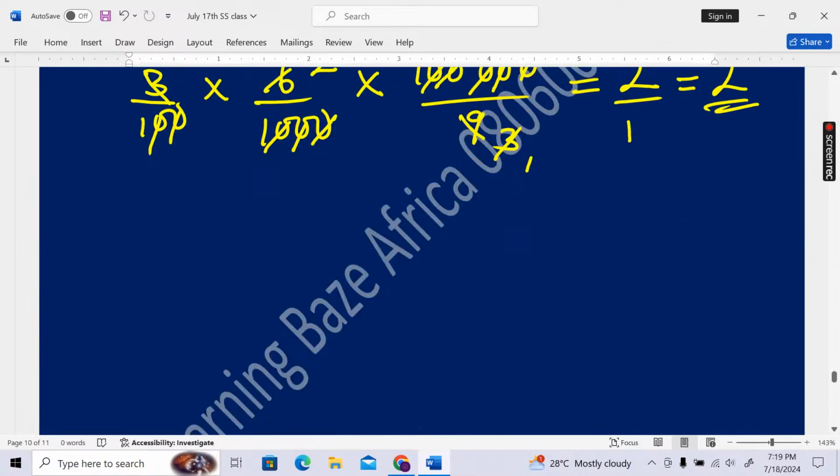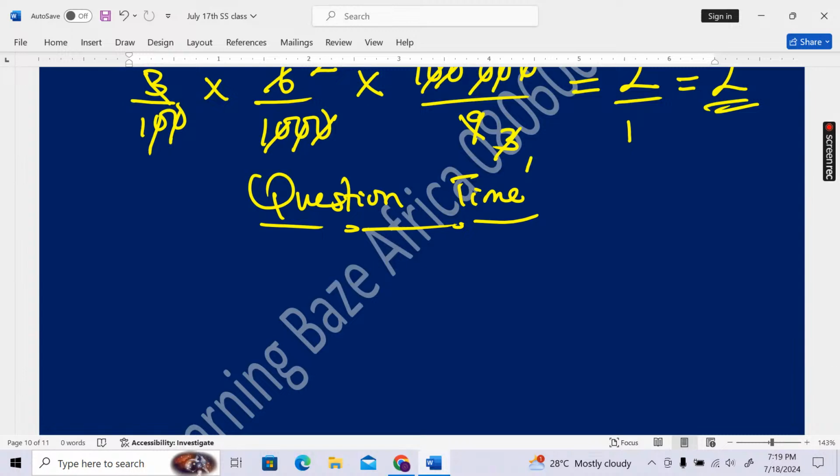Okay, so it is question time. Question time for evaluation of fractions. I think using the second method will be easy for you, right? Now, the first one, evaluate.